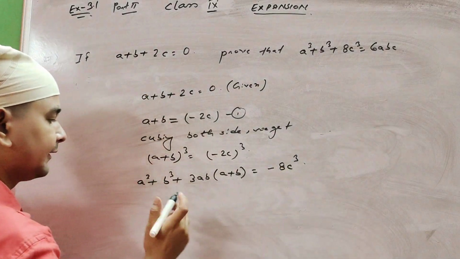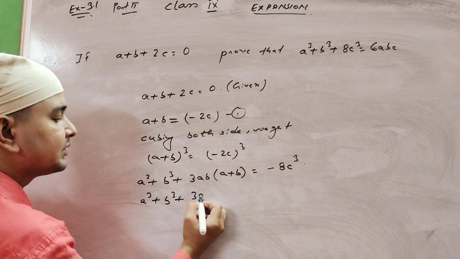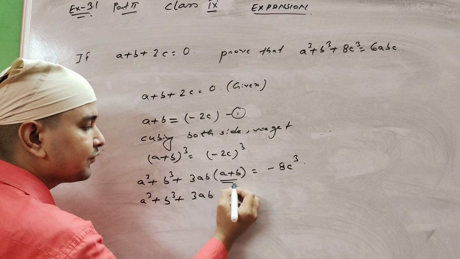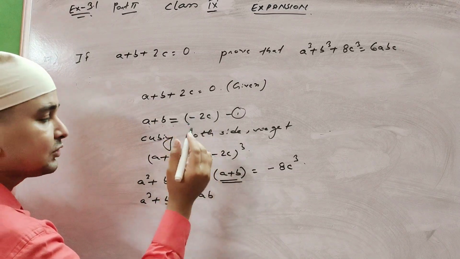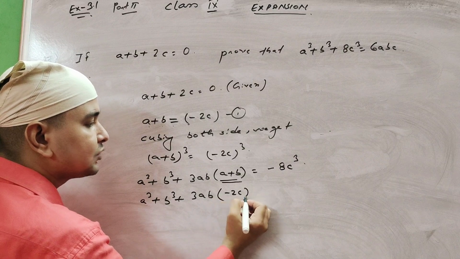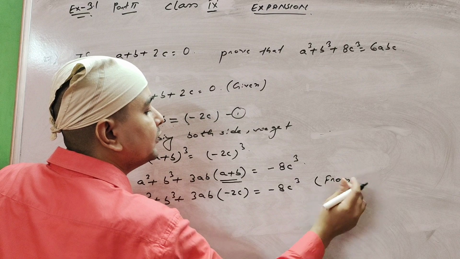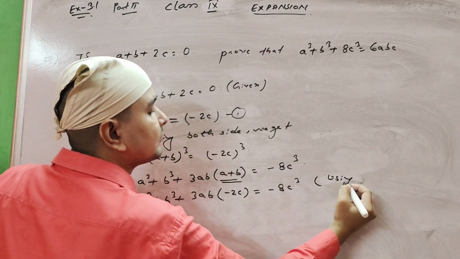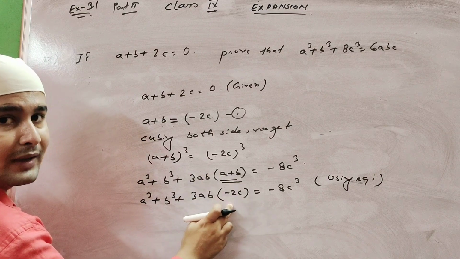Clear? Okay. So a cube plus b cube plus 3ab, in place of (a plus b), because we know the value of a plus b is minus 2c. So here we are using minus 2c, equals minus 8c cube, from equation 1. So in place of a plus b we write down minus 2c.